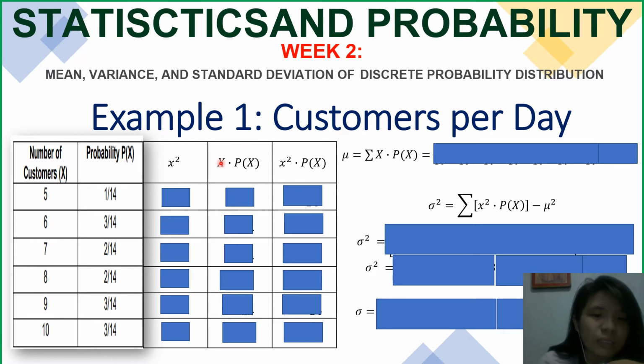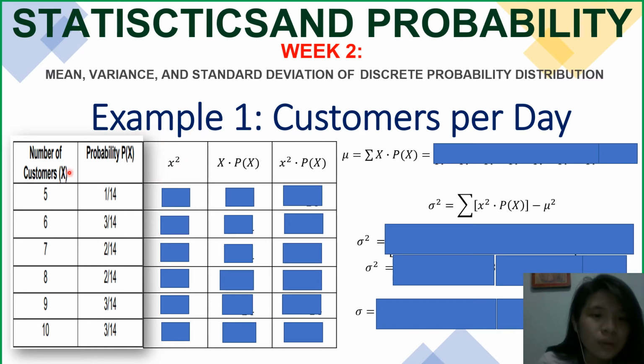Diretso tayo dito sa fourth column. Wala nang first and fifth column. So, isang table lang. Yung sa mean natin is 3 columns lang, while sa variance and standard deviation, naging 5 sila because of this x squared.